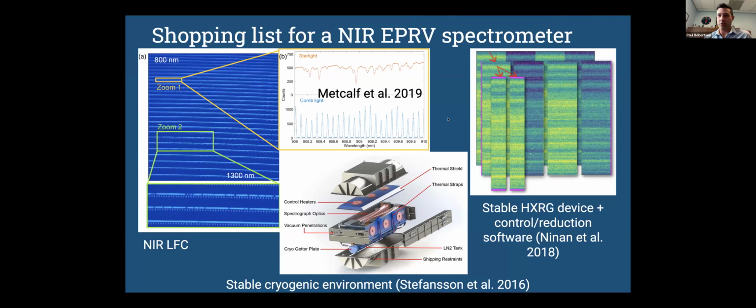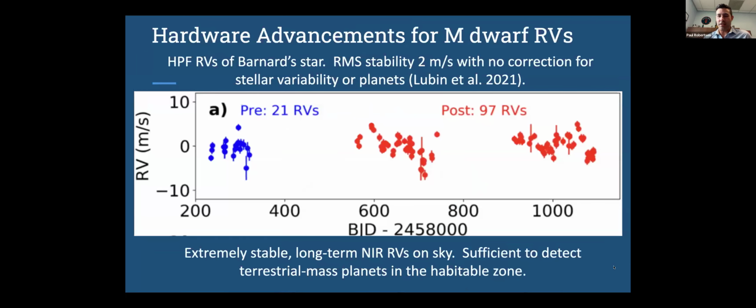So what does this all look like rolled up? I think this is just the most recent time series of Barnard's star that's been published from HPF. So this is stability at around 2 meters per second over years, and that's with no correction. So I haven't modeled any stellar variability, any planets, and we know now that both of those are present in this time series.